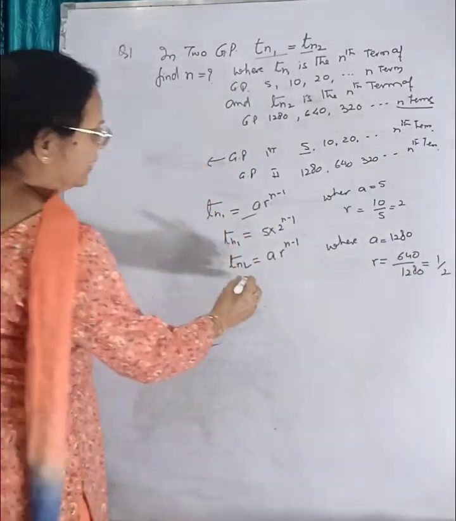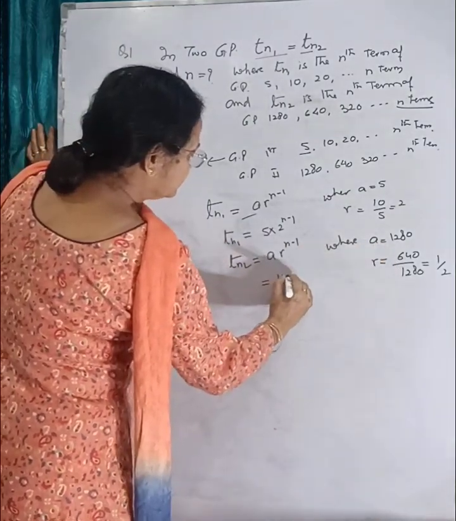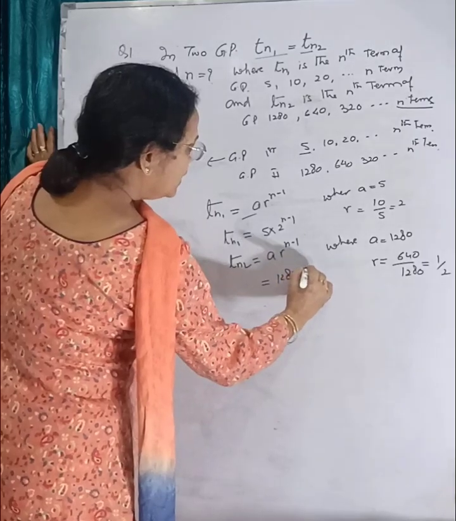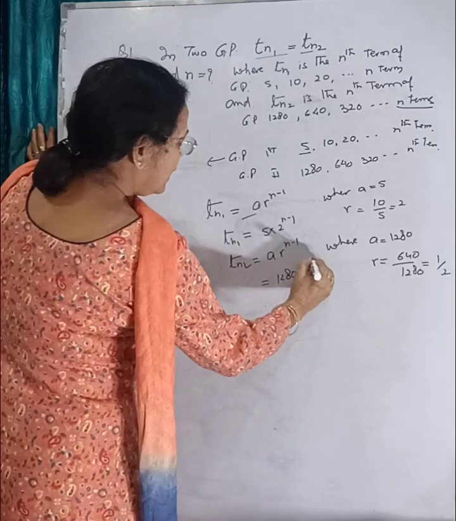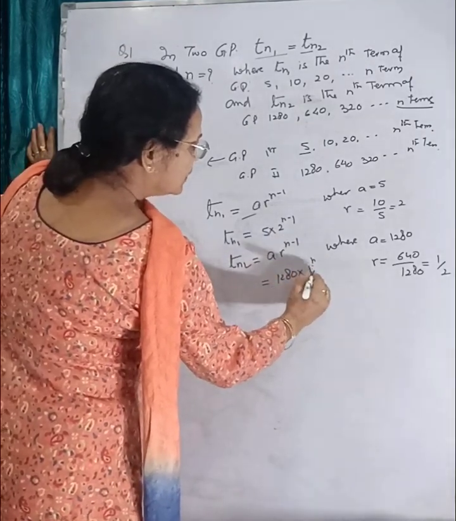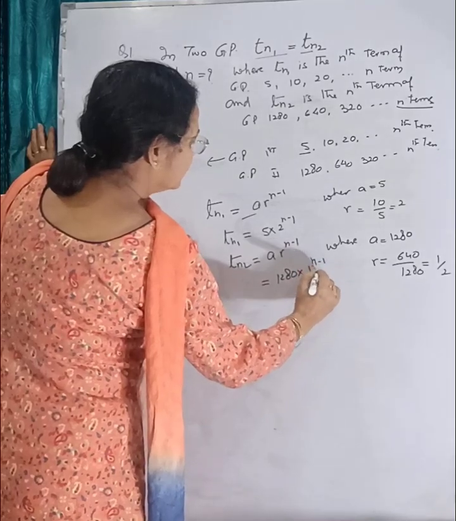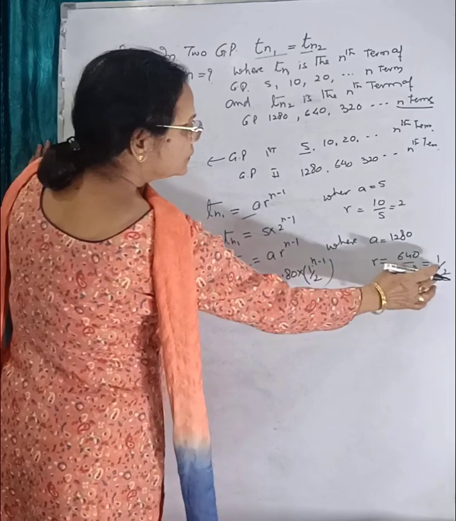It means this will become 1280 into 1 by 2 to the power n minus 1, because r is equal to 1 by 2.